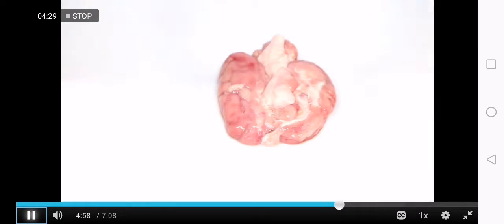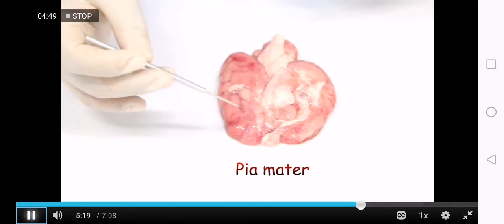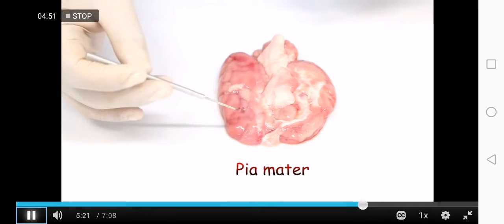You should remember that the brain is encased within the skull. In this specimen, we don't have that skull or that bony structure. But around the brain, you have the tissue that covers it. We call it the meninges. Now, there are two types, the dura mater and the pia mater. The pia mater is the tissue that is most adherent to the brain.